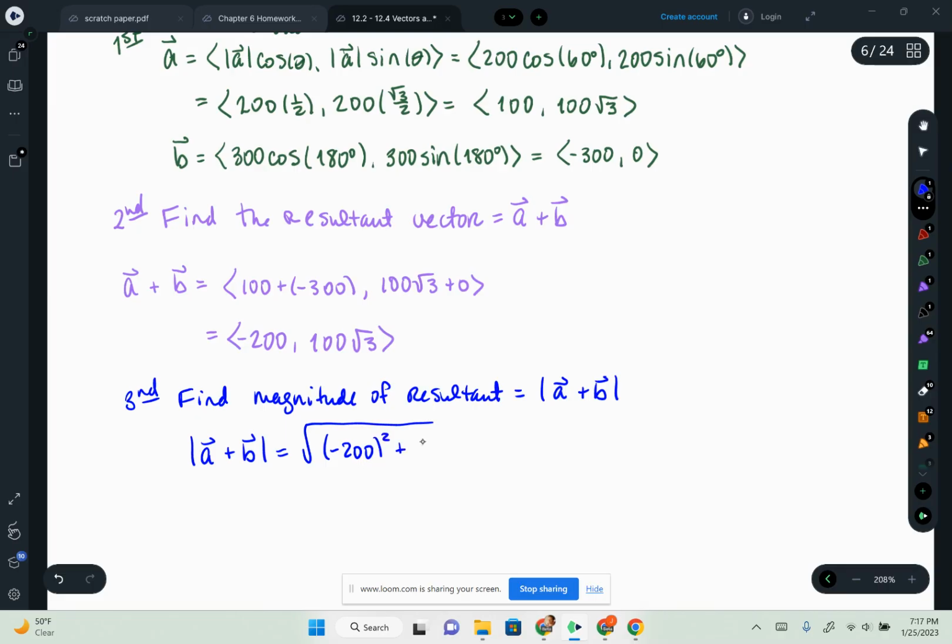So -200 squared plus 100 root 3 all squared. And after we square and add, this is going to give us 70,000.